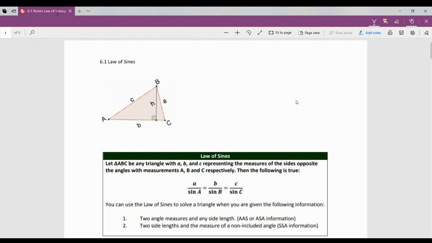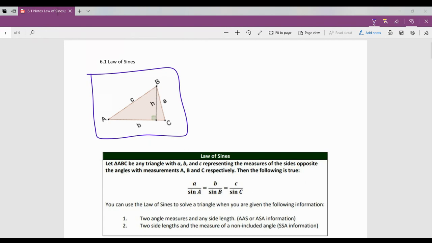So we have our triangle ABC, and the angles are going to be noted in capital letters, and then the side lengths are in lowercase, just so that we keep that consistent.